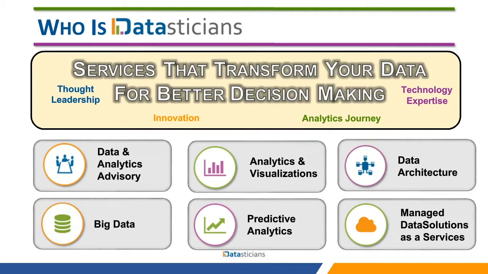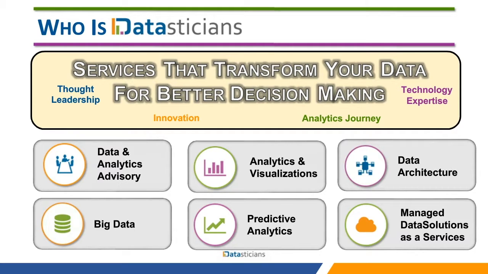So before I go there, let me just very quickly introduce Datasticians, just a couple of slides. So we're obviously a partner with Looker. We're a services provider, and really our tagline is around transforming your data for better decision making. And we really do that around four aspects of our business, and those basically are thought leadership, where we drive a lot of thought leadership to our clients and actually give them information that they need to be thinking about.